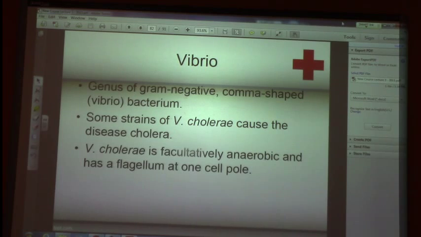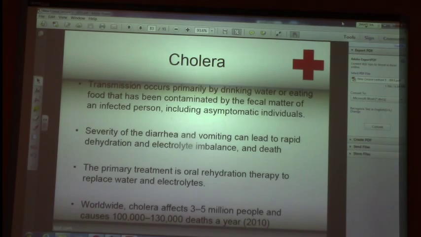Vibrio is next. This is a genus of gram-negative bacteria. They are comma-shaped, hence the name Vibrio. Some strains, such as Vibrio cholerae, cause the disease cholera. These are facultative anaerobic organisms, and they have a single flagellum at one polar end of the cell. Cholera is transmitted primarily by drinking water or eating food that has been contaminated by the fecal matter of an infected person.